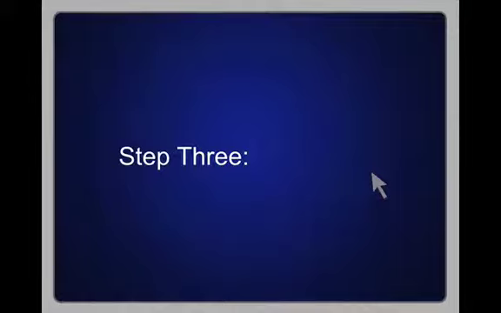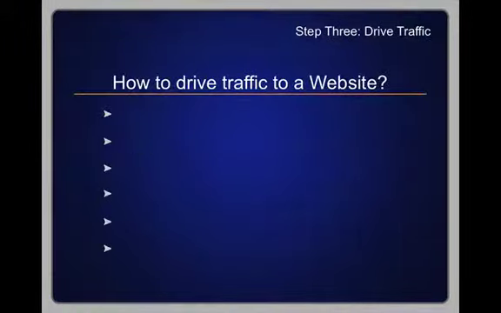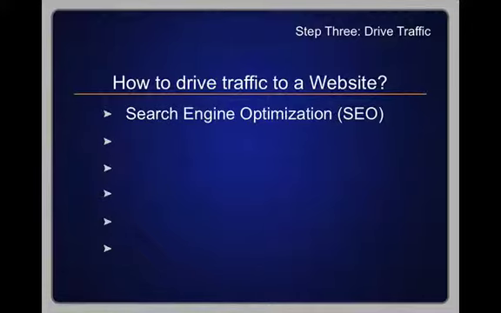So let's jump into an overview of Step 3, driving traffic. It's interesting to note that there's really just a handful of ways to drive traffic to a website. There's lots of ways it can happen, but when you look at where most of your traffic comes from, you'll see that a lot of it comes from search engines. And that's why at the top of the list is search engine optimization, the idea of having your website coded properly for Google and Yahoo and the other major search engines.